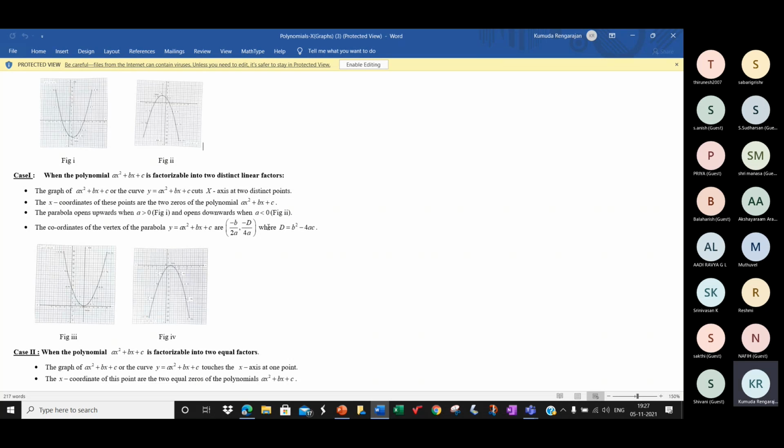And if the polynomial has two factors, then the parabola will intersect the x-axis at two distinct points, like you see here in figure 1 and figure 2. It opens upwards, intersects the x-axis at two distinct points; opens downwards, intersects the x-axis at two distinct points.